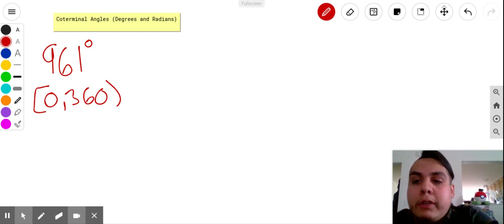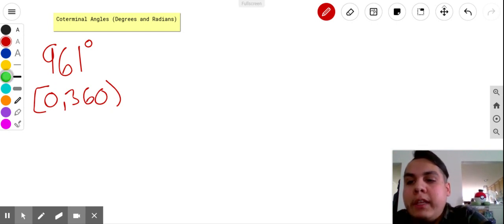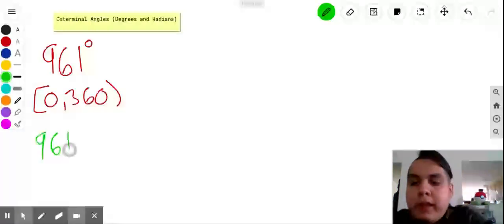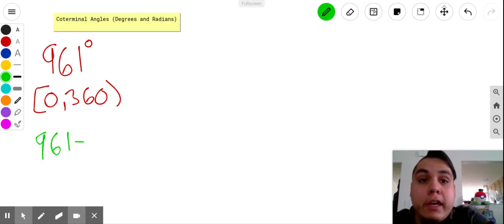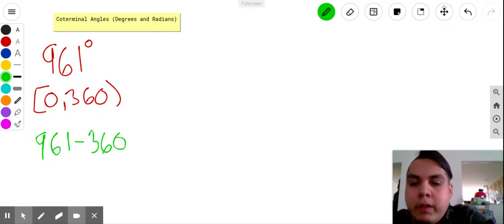So here's how we're going to do this. I'm going to take the 961 degrees and subtract an entire rotation from it. So minus 360, and we're going to end up with 601 degrees.